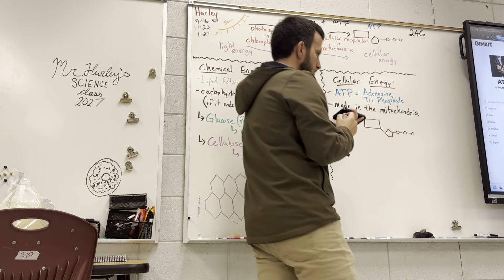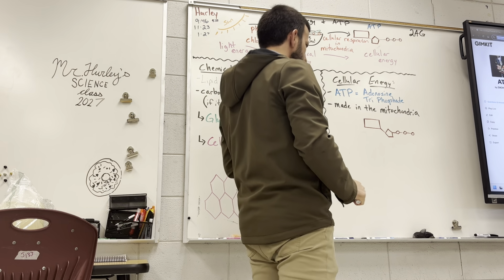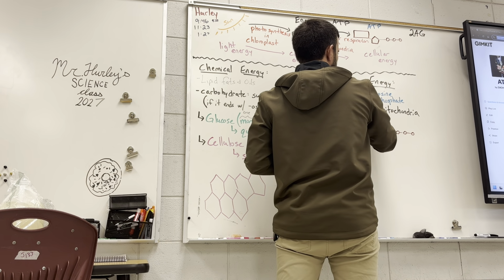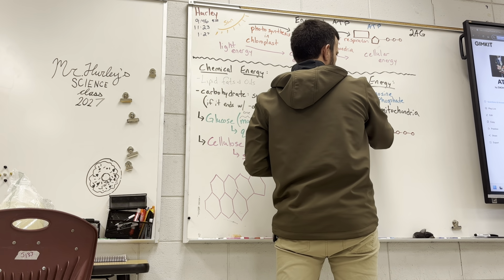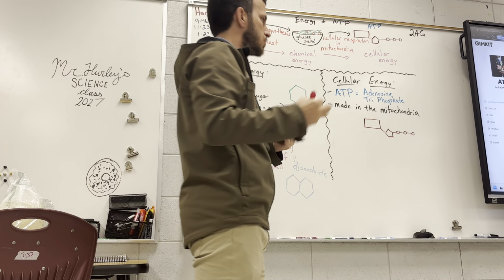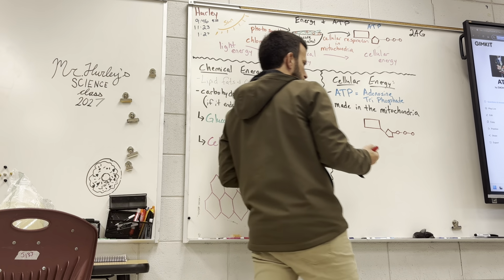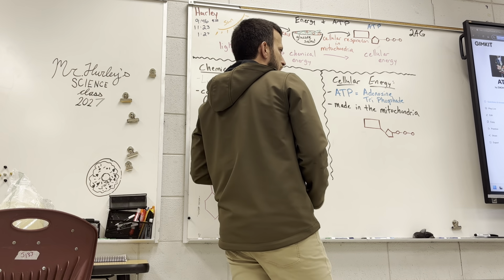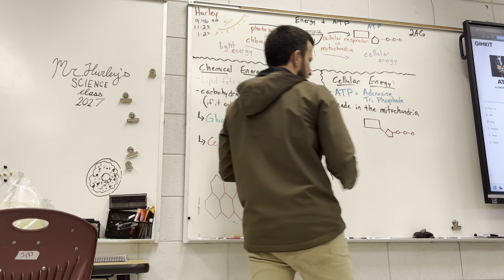Y'all are smart. You see this word up here, triphosphate. What does that prefix tri mean? Three. Like a tricycle is going to be three wheels. Guess which one of these is the triphosphate? The three circles. That's it right there.